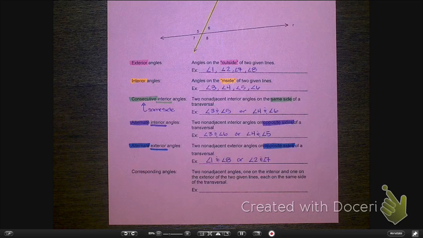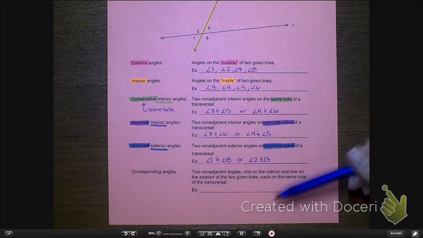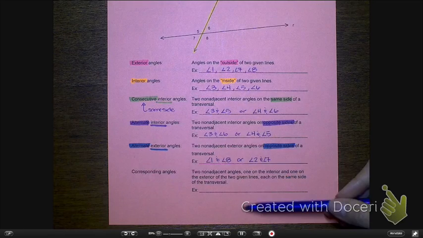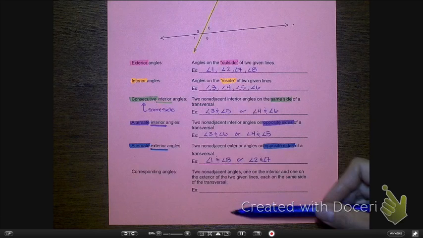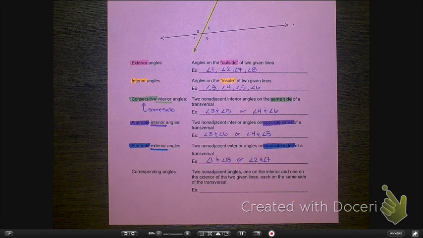Reading that big long sentence with all those technical words kind of just makes me want to curl up in a ball and cry, right? It's like, what are they talking about? Okay, so let me try to give you a different definition, not a formal definition, but a way that I think you guys will understand what they are.